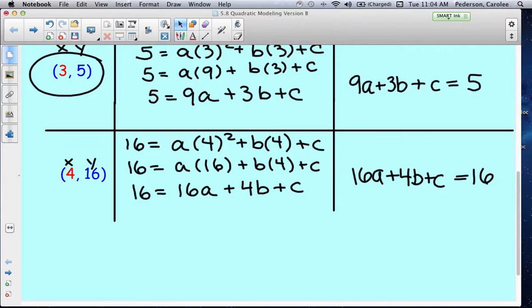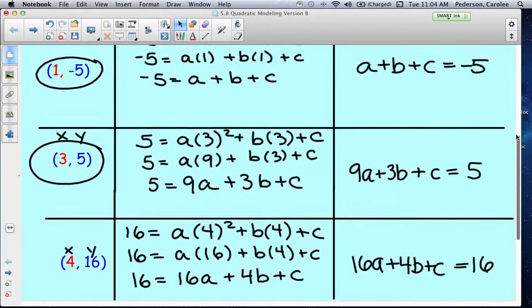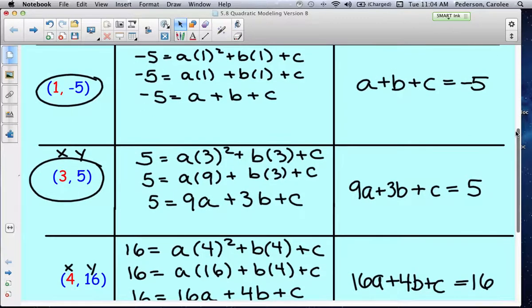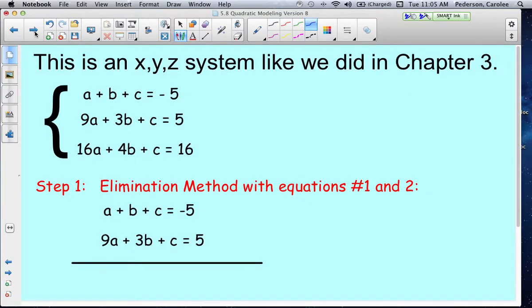Now I'm going to work with these three equations on the third column. And what I have is a system of three equations with three unknowns. So on this next slide, I've just rewritten the three equations as a system. So these three equations are from the last slide, third column.